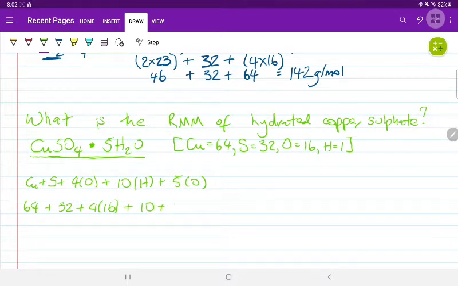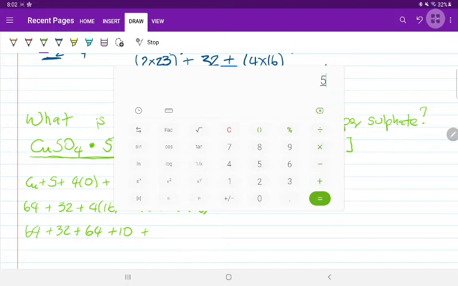Hydrogen is 1, so plus 10 plus 5 multiplied by 16 again. You could also do just 9 multiplied by 16, because in total there are 5 plus 4 oxygen. So you could just have 9 multiplied by 16. So that's 80. So now we need to add everything all up.